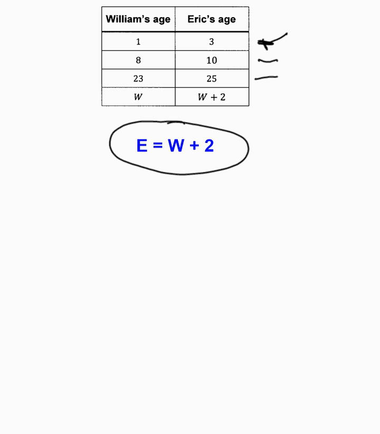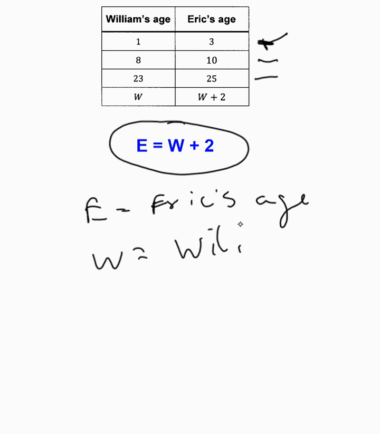Remember, that equation would have no meaning if we didn't define that E is Eric's age and W is William's age.